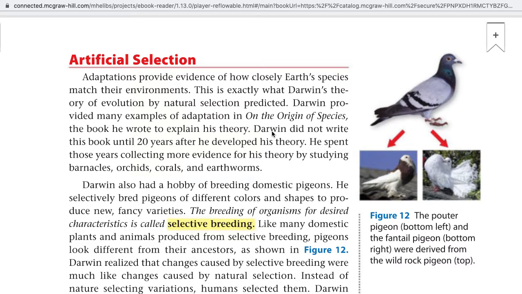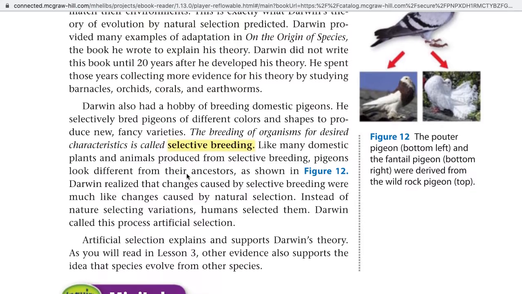So then Darwin kind of beat Alfred Russel Wallace to the punch. They did present together jointly in front of a scientific community, but because Darwin had a book ready for publish and it was a very hot seller, he is credited with the theory of evolution by natural selection. He spent those years collecting more evidence for his theory by studying barnacles, orchids, corals, and earthworms.